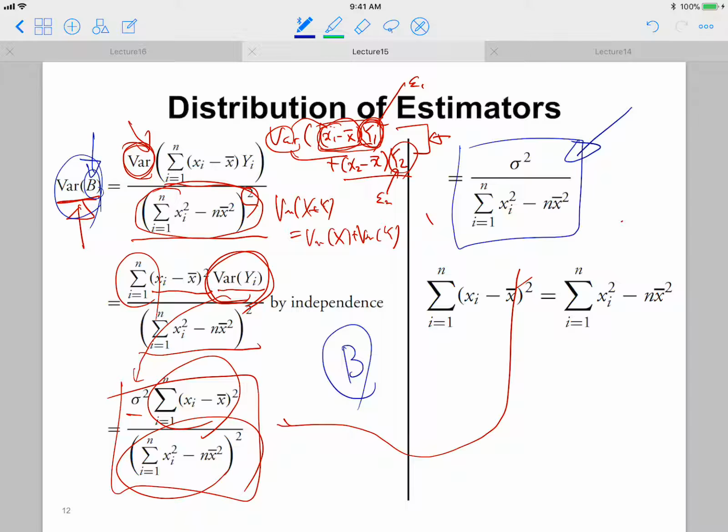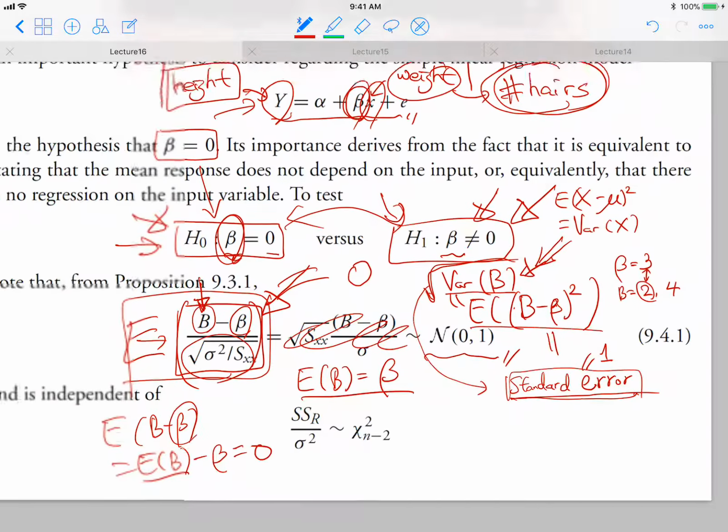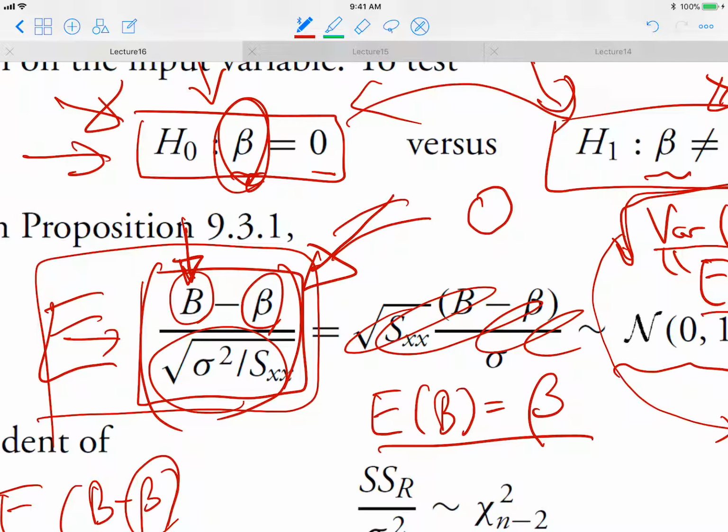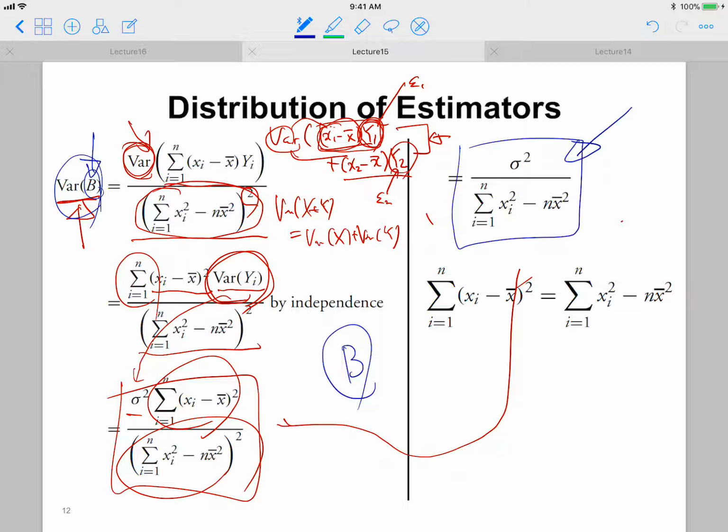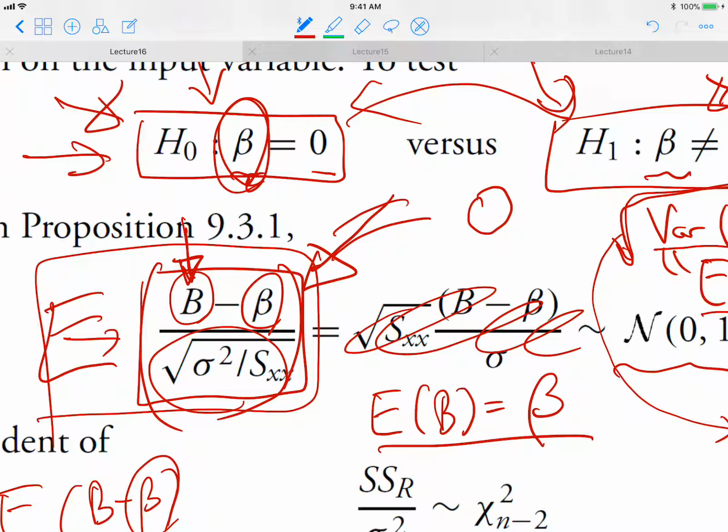Okay, keeping that in mind, let's go back here. So we have this, and now this guy is represented as sigma squared over SXX, right? So this is our variance, and this is nothing but the standardization with respect to its standard deviation and its mean.